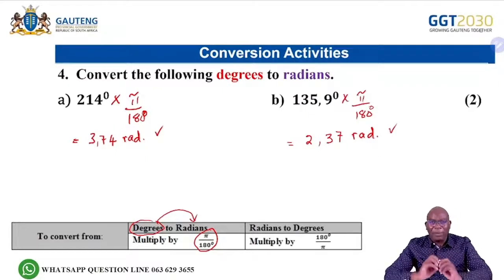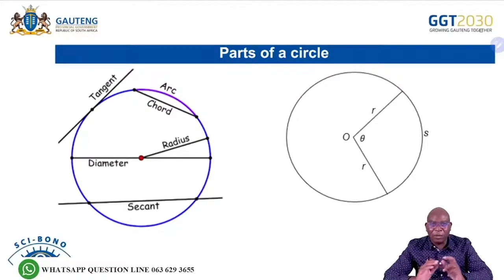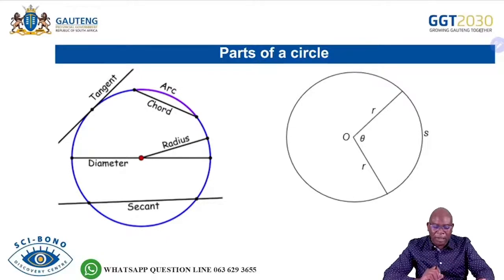Okay. Remember the parts of the circle, you've done this in grade 9 and somewhere in grade 8, in grade 9 specifically. Grade 10 also, you've done some parts there of the circle. Very important that you understand these parts of circles, because when we are doing exam questions, they just talk about the sector, they talk about the chord, they talk about the diameter, the radius, the tangent.